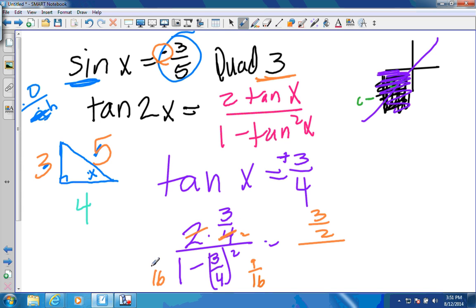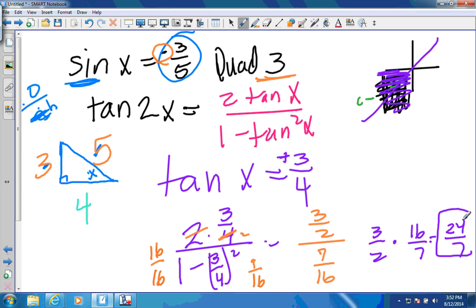This would be 16 over 16 minus 9 over 16, which would get you 7 over 16. Dividing by a fraction is the same as multiplying by the reciprocal, so you would have 3 halves times 16 over 7. You should get 24 over 7 for the answer.